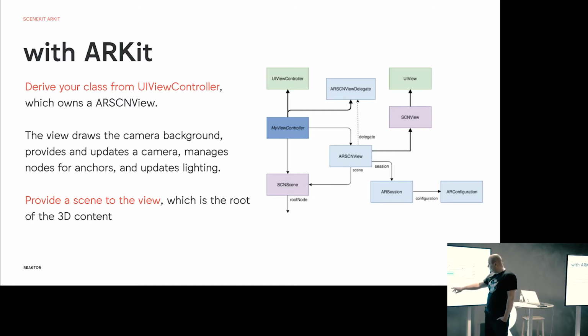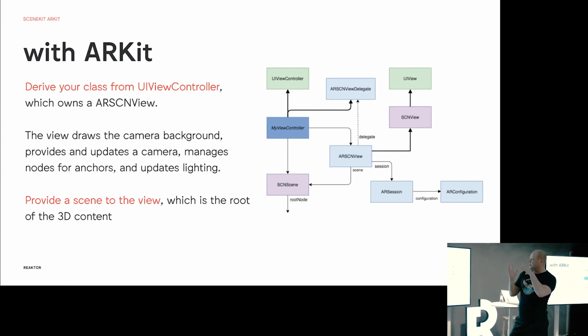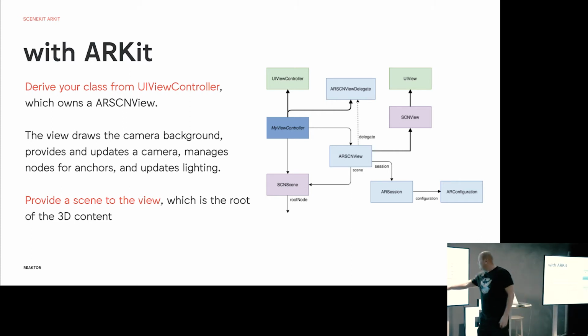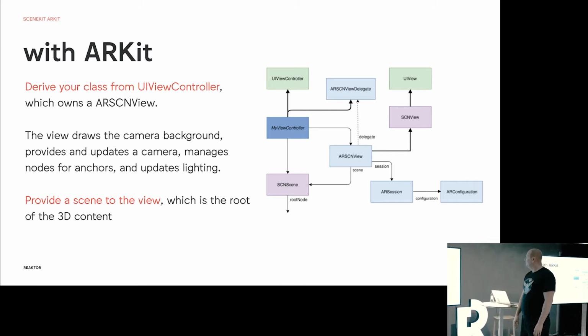Like in the previous note, all the SCN nodes would be down here. And then the AR scene view renders the camera picture into the background, and then the scene renders all the objects over the view.